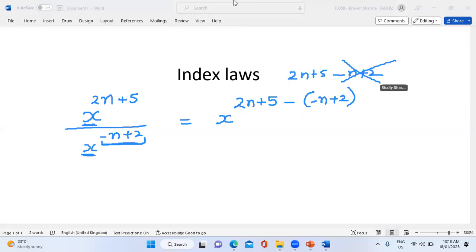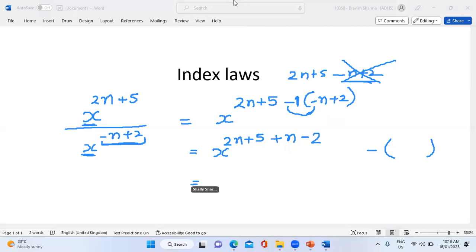Whenever you see an expression which you have to subtract that has more than one term, always write it in a bracket with a negative sign in front of the bracket. So this will be equal to x to the power of 2n plus 5. Then here nothing is written, so it is like a 1. If nothing is written, it is always 1. So minus 1 times n will be minus n, and minus 1 times 2 will be minus 2.